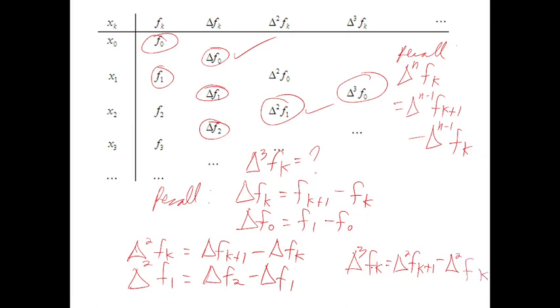Okay? So, for k equals 0, delta cube f sub 0, delta squared f sub 1 minus delta squared f sub 0. Delta squared f sub 1, ito, minus delta squared f sub 0, ito. Para makuha yung delta cube f sub 0. So, that's it. No?